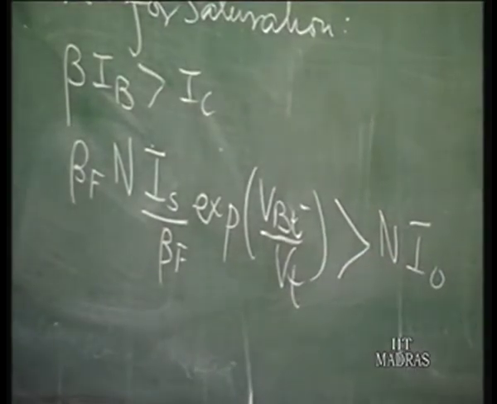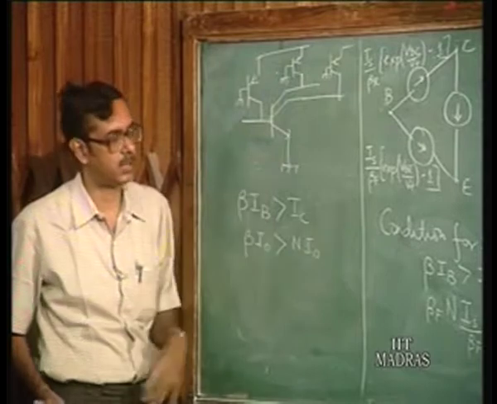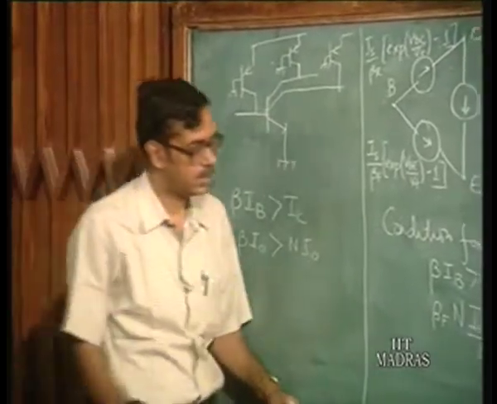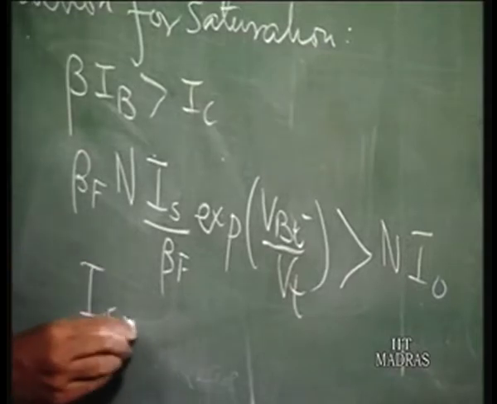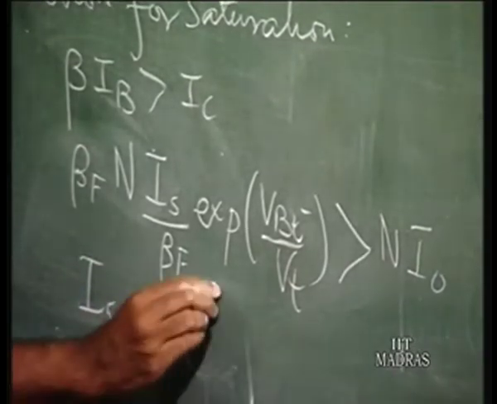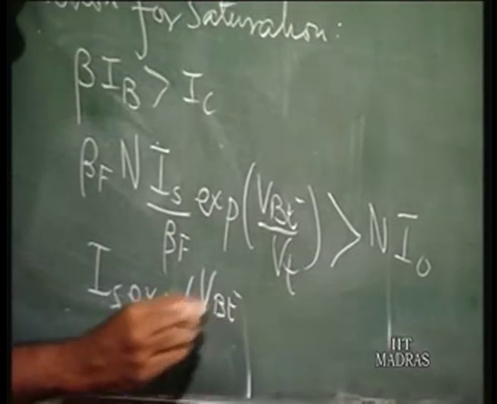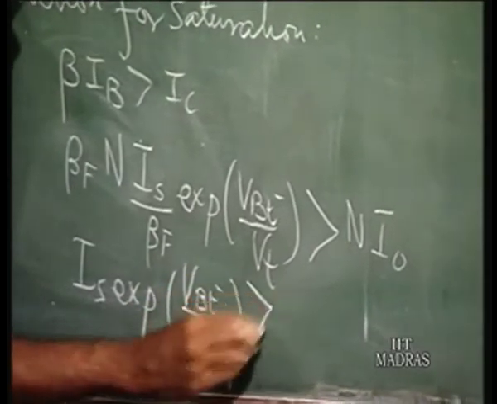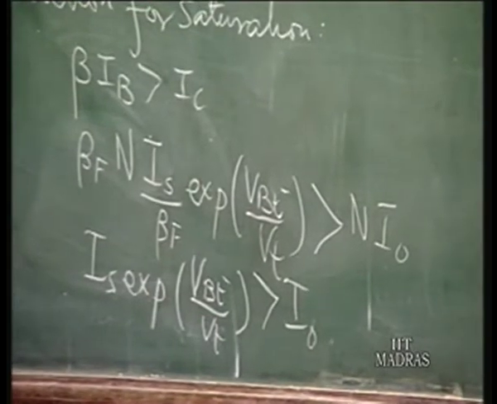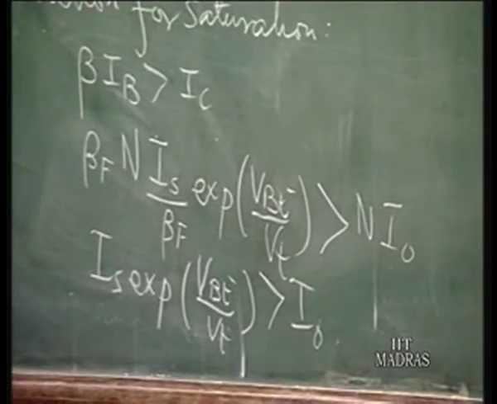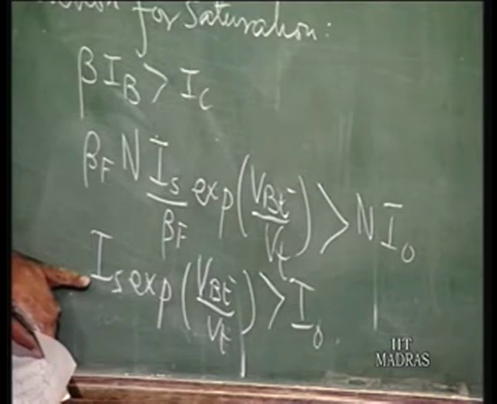Let us assume that this current is I naught. We shall see what I naught is. So this becomes Is exponential Vbe by Vt is greater than I naught. So this is the condition of saturation for the NPN transistor.